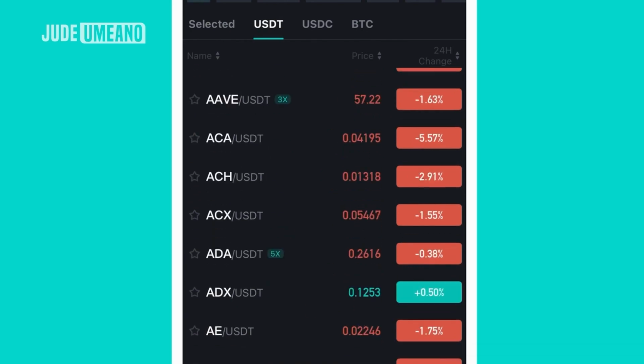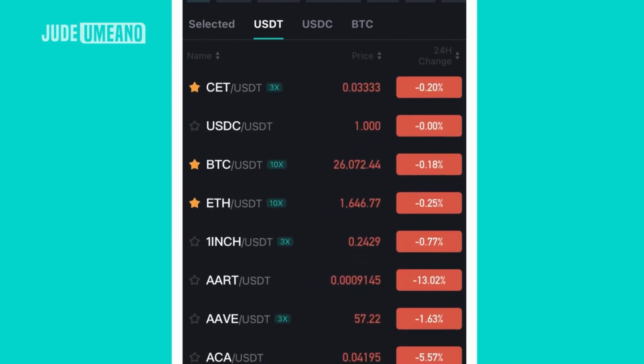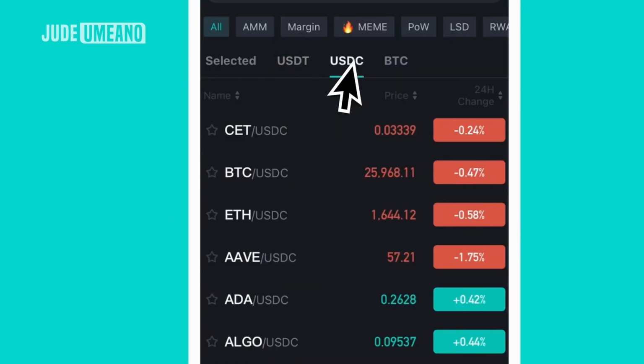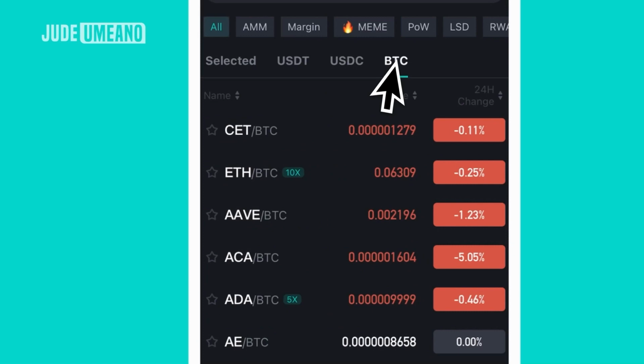So every coin is paired against USDT here. If I click on the first one, CET USDT, it simply means when I buy CET with USDT, and when I sell CET for USDT. The same goes for USDC and BTC. So these are the different pairs you have here.